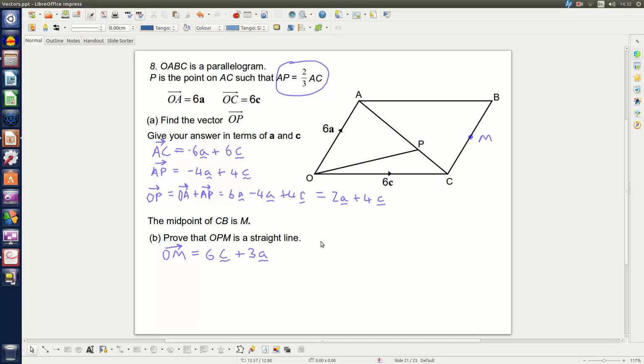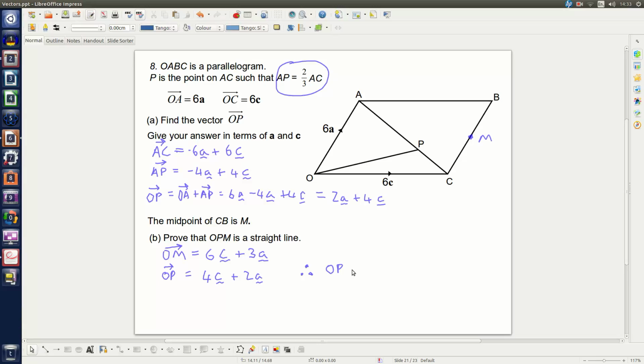Now, how do we prove points lie on a straight line? Well, if we can demonstrate that OP is parallel to OM, because they've got a point in common, that's sufficient to deduce that they're on a straight line. So all I have to do is say, well, OP is, I'm going to write it down in a slightly different order, 4C plus 2A.